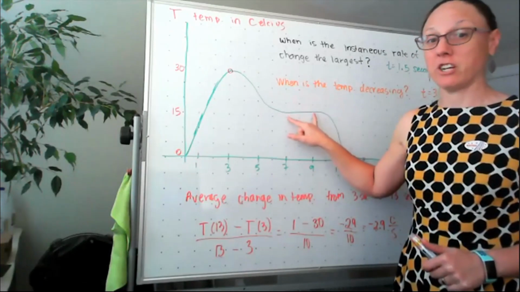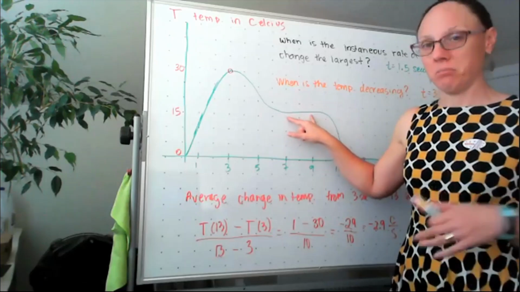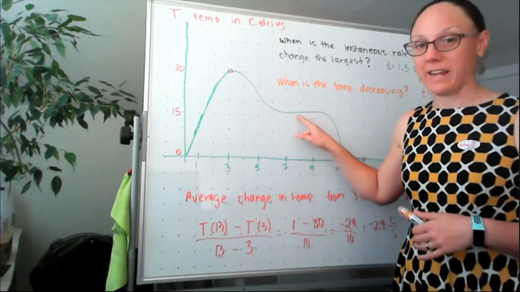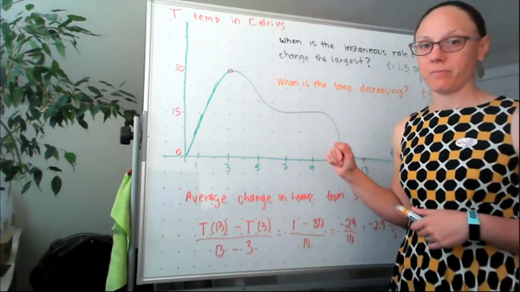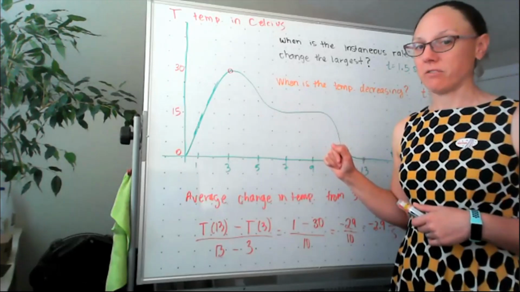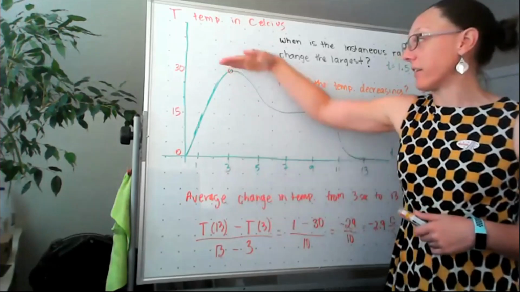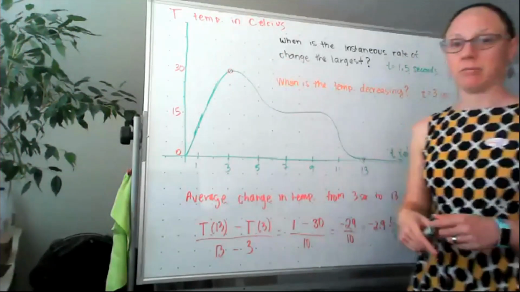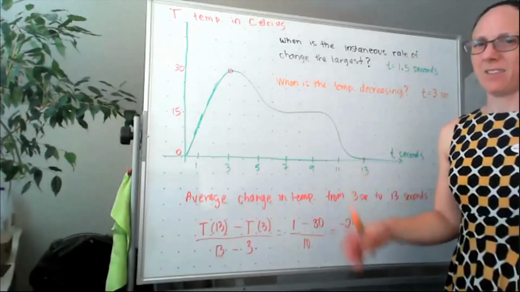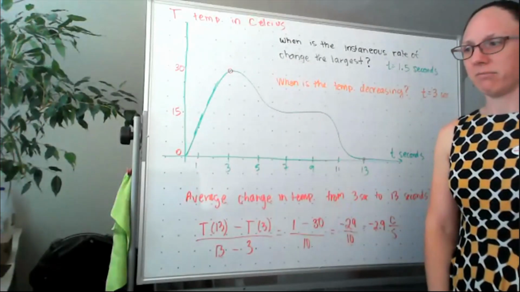Average rate of change on 7 to 9 would be 0. Instantaneous rate of change at 8 would definitely be 0. The instantaneous rate of change is also 0 over here at 3 because I've got a flat tangent line slope over there. And that's kind of the most I can get out of this one graph.